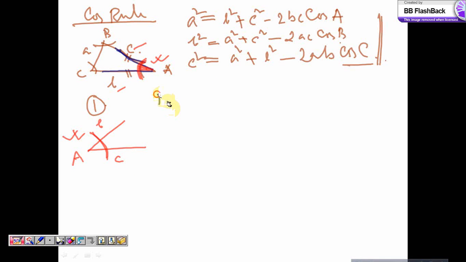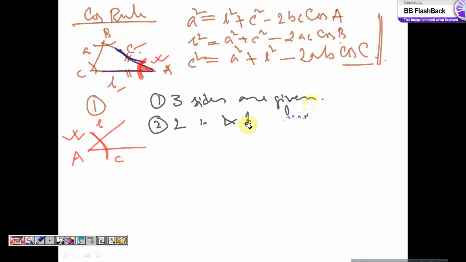Now there are some more conditions, like when three sides are given, then you can also use this cos rule. Or when two sides and one included angle are given, it's a clear indication that you have to use the cos rule.